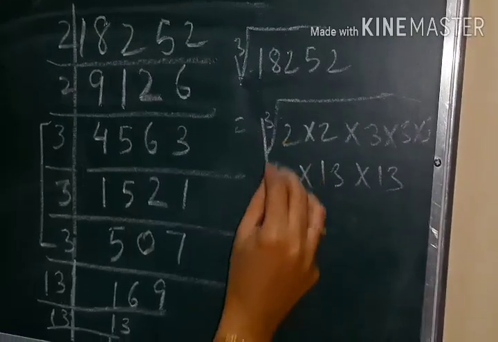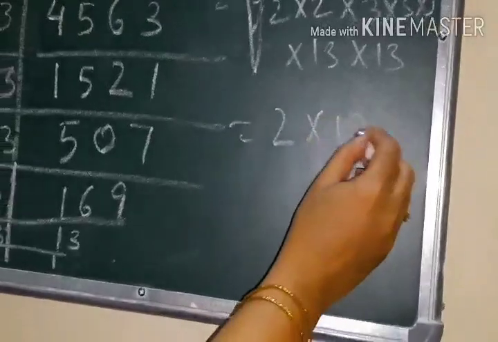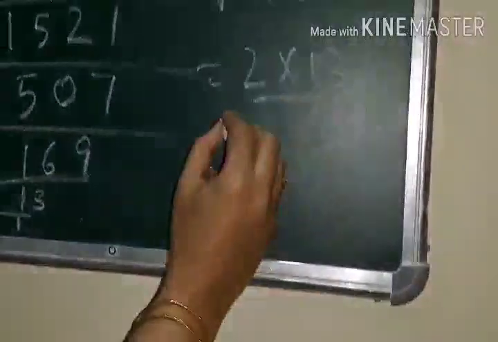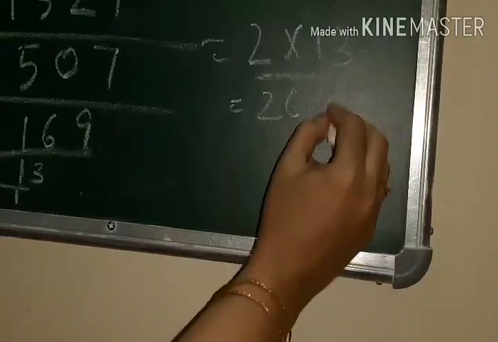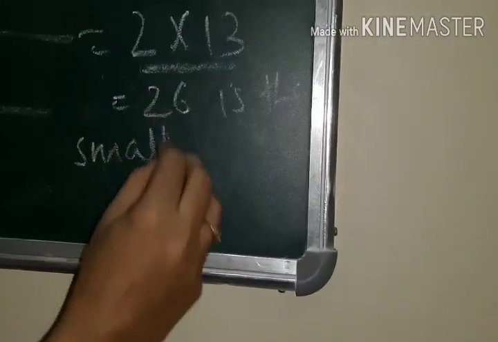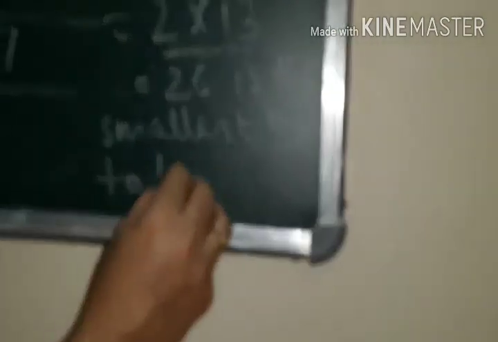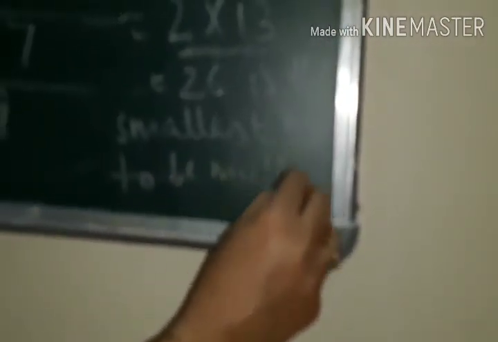Right? What is required? 1 2 and 1 13 is required. Right? These are required. So 26 is the smallest number to be multiplied. 2 into 13 is 26. 26 is the smallest number to be multiplied.